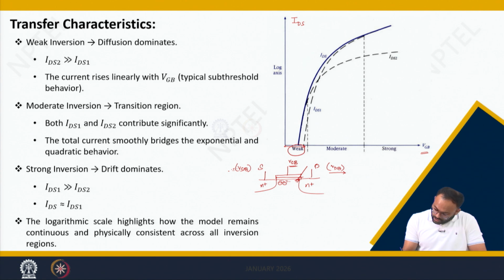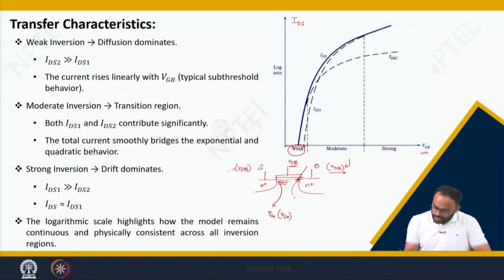This is weak inversion itself because you fixed the value of VDB, but based on the VGB value this is in weak inversion now. The VGB is small enough such that there is no inversion charge or only a small amount of inversion charge available. So, you are in weak inversion because both ends are in weak inversion. In weak inversion, the surface potential here is psi s 0, which is nothing but psi s a.